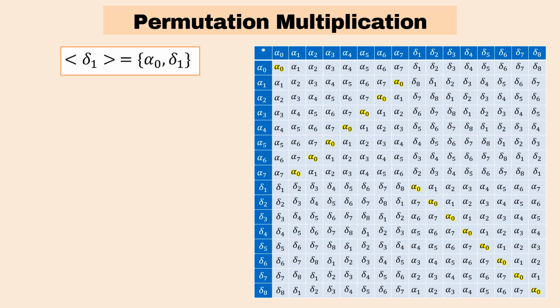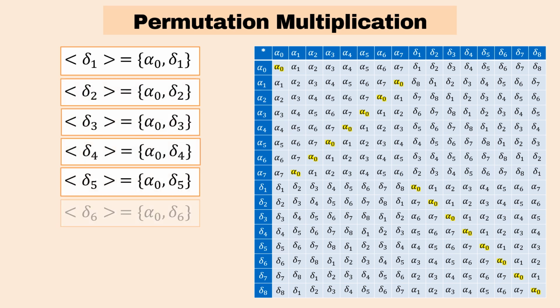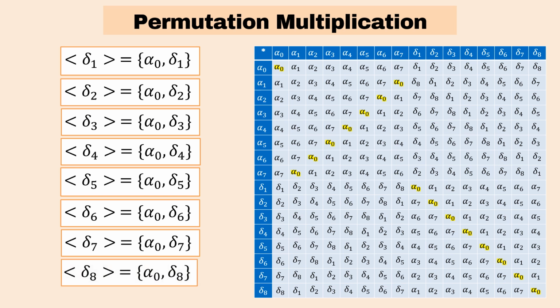Next, let's check the elements generated by delta 1 through delta 8. All the elements from delta generate the identity element and themselves. So delta 1 generates alpha sub 0 and delta 1. Delta 2 generates alpha sub 0 and delta 2.